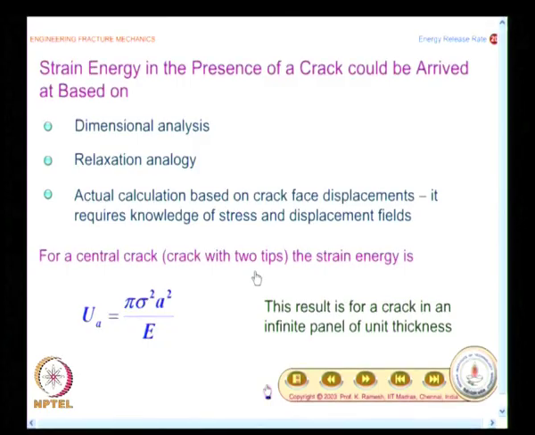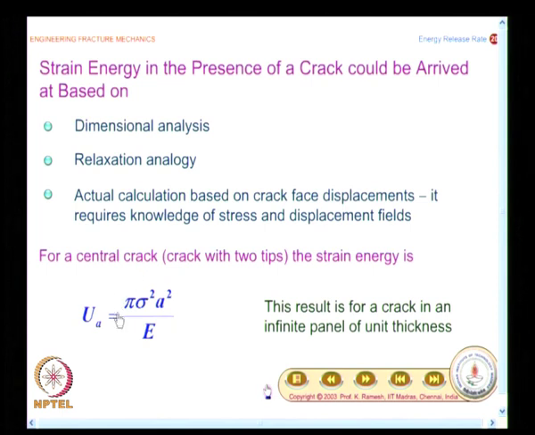In order to emphasize that, I am saying it again. We have taken the solution for the case of a central crack. It is a crack with two tips, you should recognize, and this is given as strain energy U_A equal to pi sigma squared A squared by E.